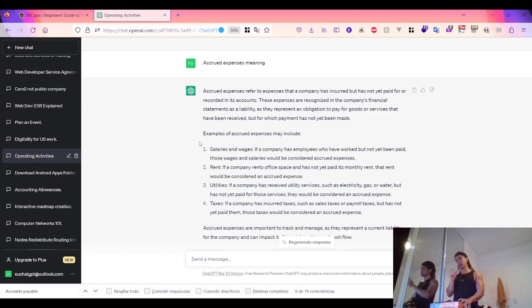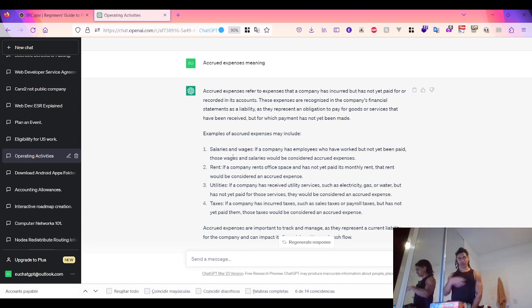Exactly. So examples of this are salaries, rent, taxes, utilities. But again, this is a huge overview of the accrued expense.